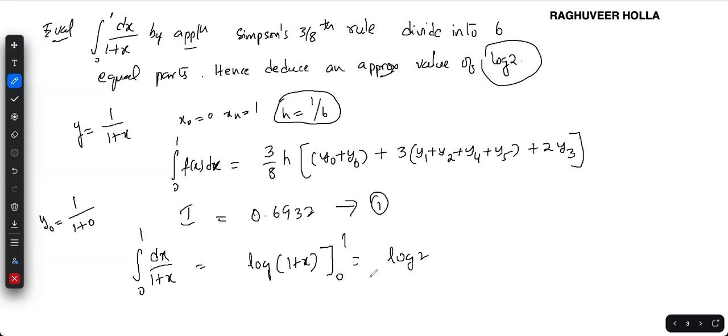Now equate to the first equation: I is equal to log 2, which is equal to 0.6932. This is your solution.